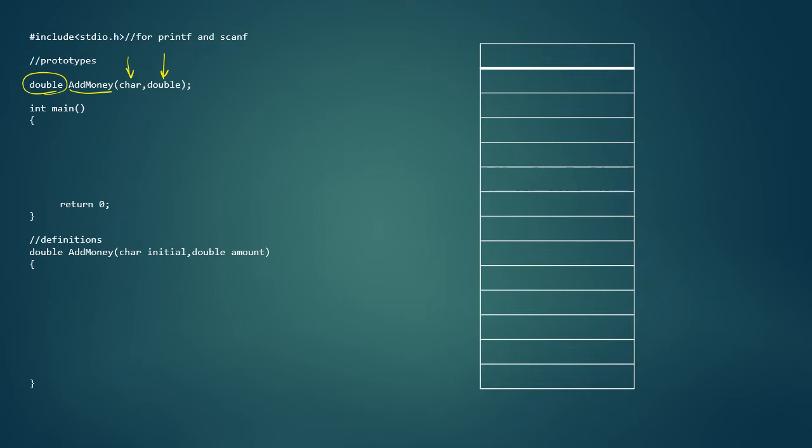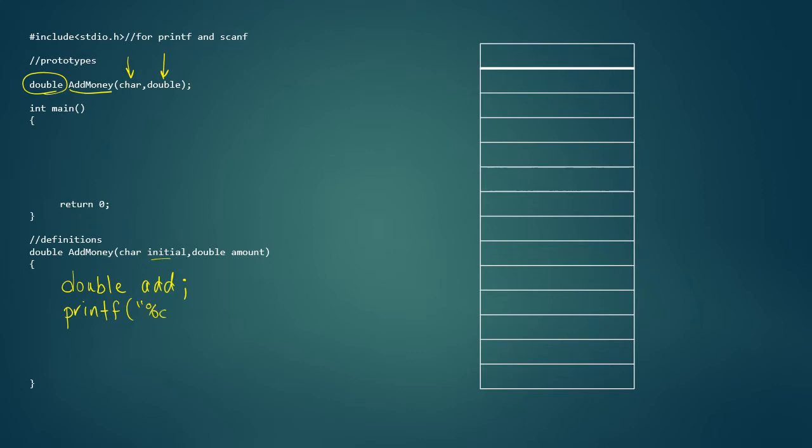So the first thing that you're going to do in this function is declare the amount to add. I'm just going to call this double add. That's the amount you're going to add to the account. Then you're going to interact with the user, printf. Because we're going to interact using the initial, you'll say %c.